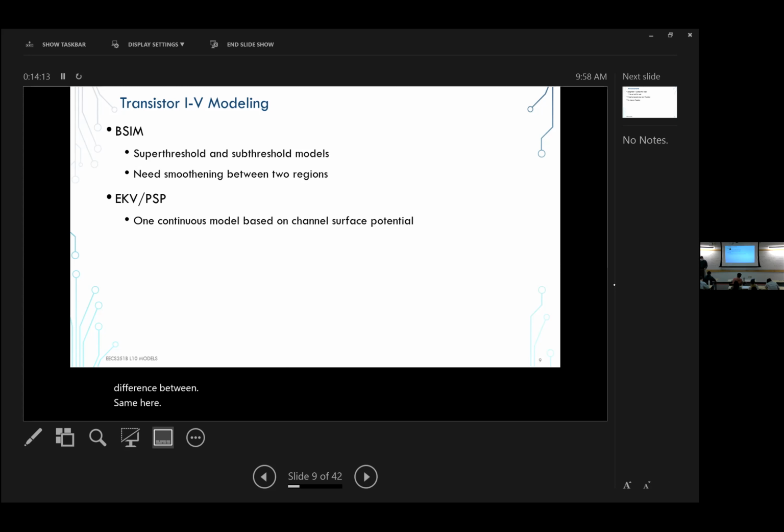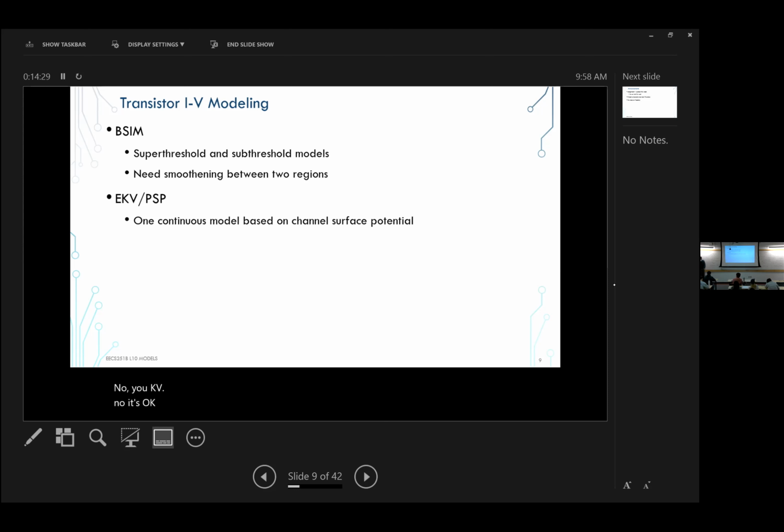BSIM, both of them are velocity saturated models. Has anybody heard about BSIM before? No. EKV, PSP. That's okay.